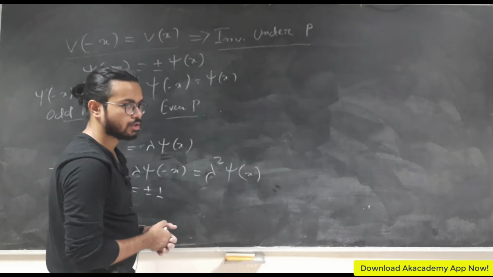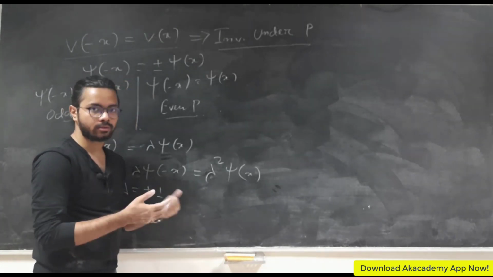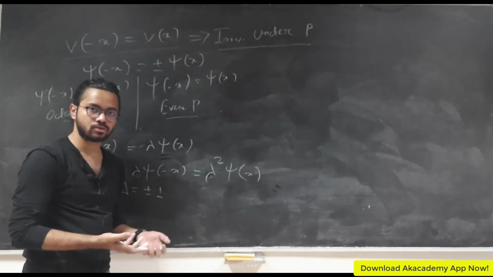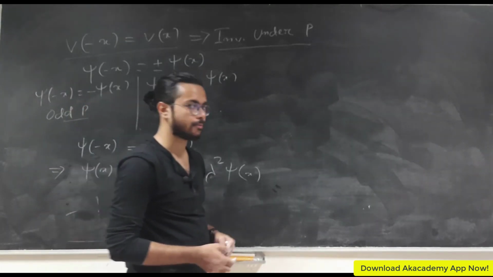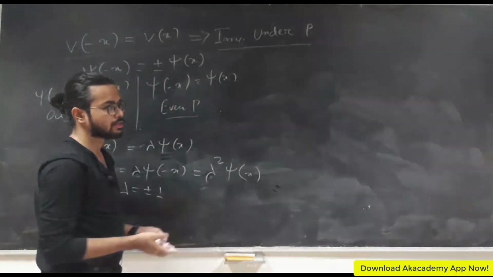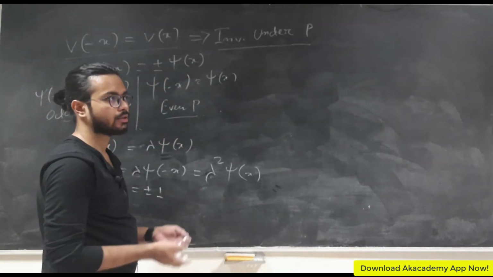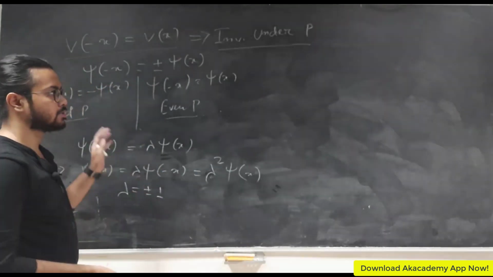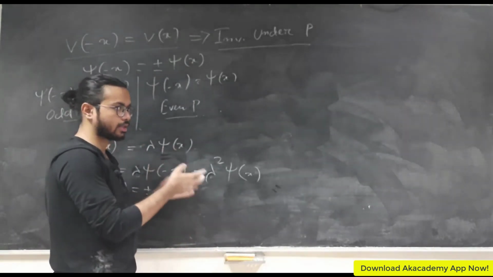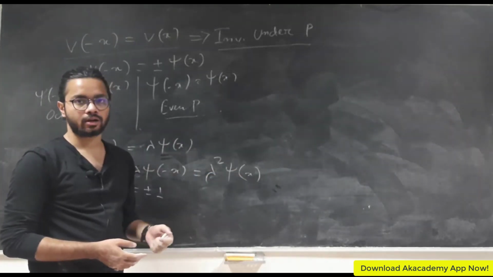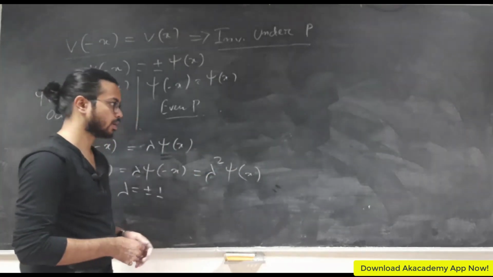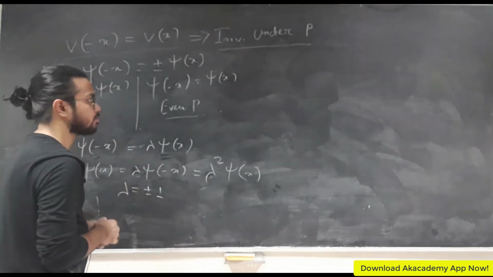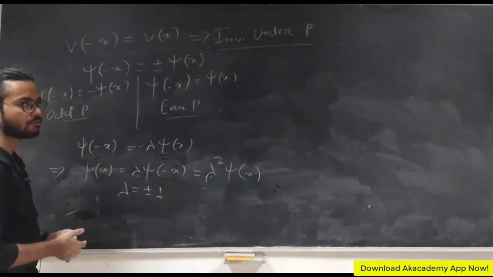Actually, the Schrodinger equation is not exactly solvable in many cases, so we'll see some examples where we can solve it exactly. When we discuss the infinite potential well and the harmonic oscillator, all these concepts, particularly this parity concept that I have just derived, will be very beneficial to all of you. This is kind of informative, but try to remember it, and it will ease our life in future.